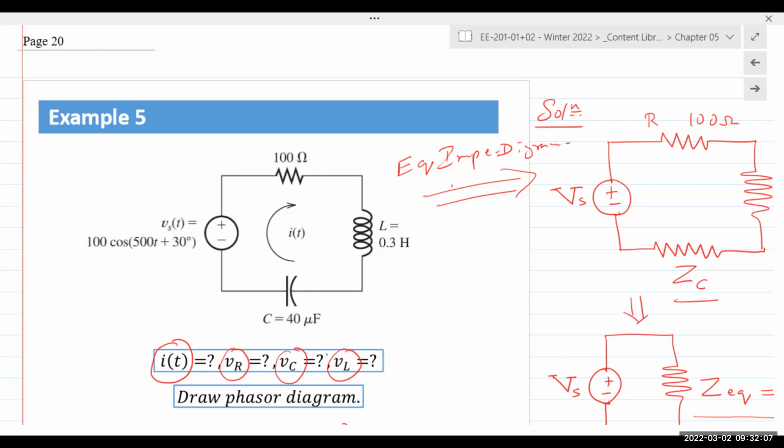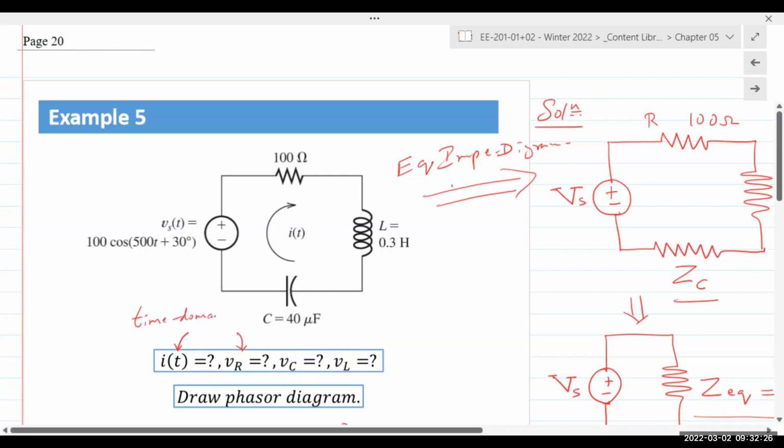So even though it does not specifically state as a function of t, it is still asking you for the answer in the time domain. And that's why I've left it like that. So whether the t is present or not, if it's not present, it's asking you for the time domain expression. Lowercase is asking for time domain expression. If it was phasor voltage or phasor current, it would be uppercase like this.